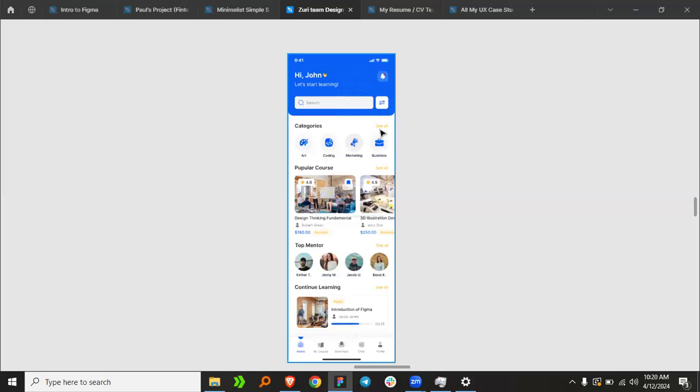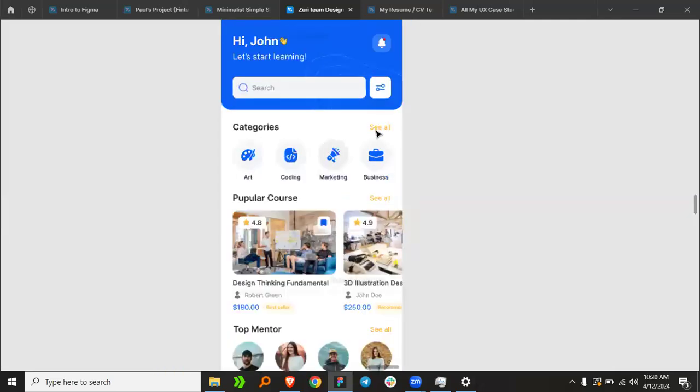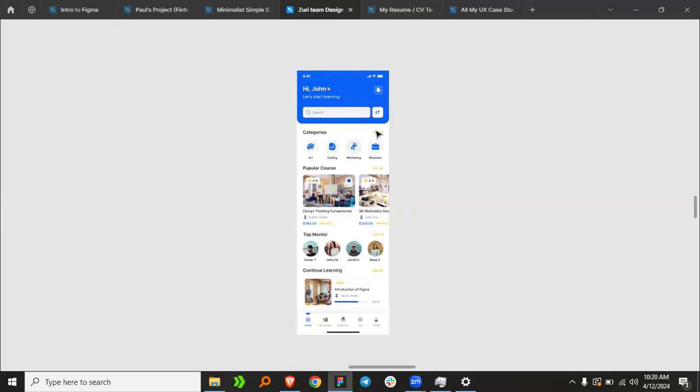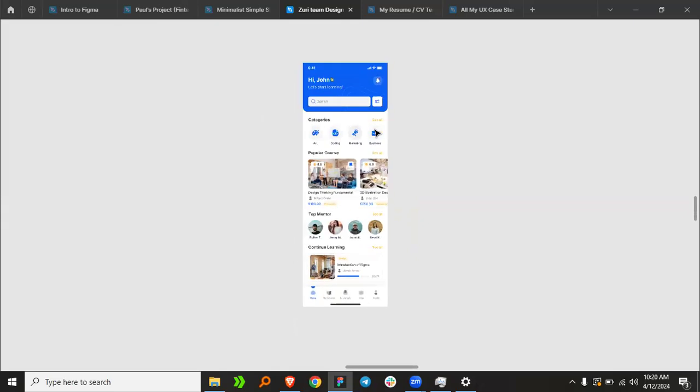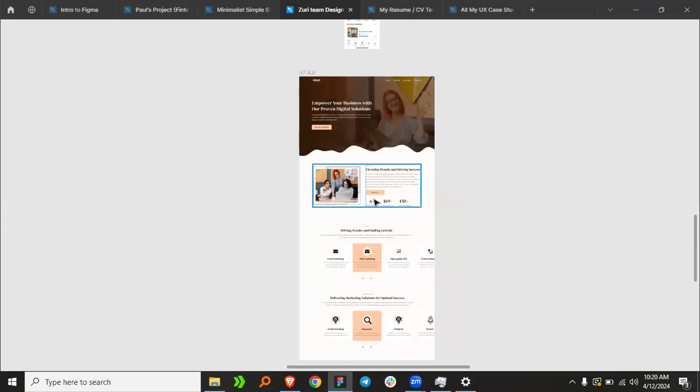Then the 10% is this orange part. But this rule doesn't apply to just mobile apps, right? So basically all your designs. So even landing pages. If you look at this landing page I have here, the 60% is the white part, right? Then the 30%, this dark part, then the 10%, the pink part.